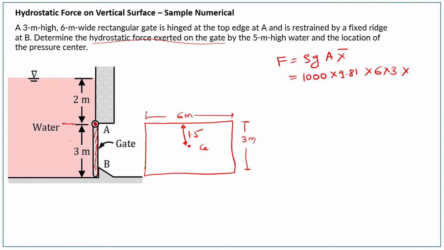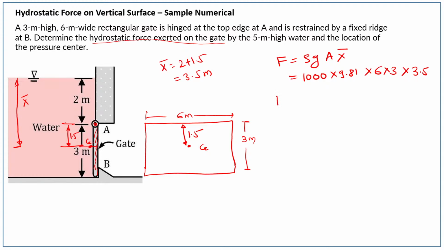So this distance is 1.5, plus we have to add this 2. So in our case, x bar is 2 plus 1.5, that is 3.5 meter. So that value I'm putting here, 3.5.